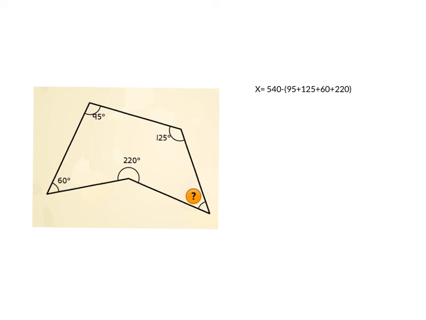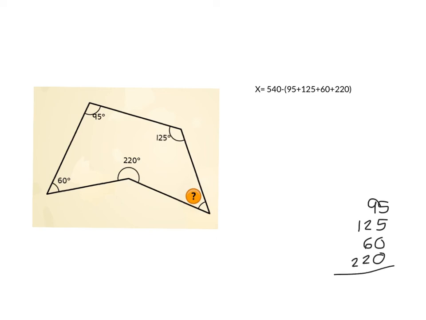I'm now going to use my whiteboard to work this all out. So on your whiteboard, girls, you're going to write the following: 95 plus 125 plus 60 plus 220.